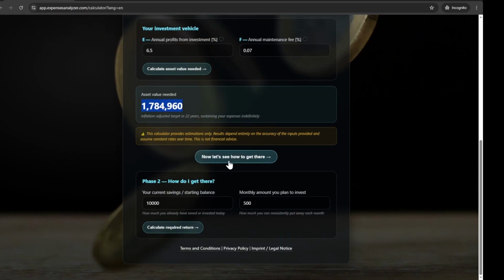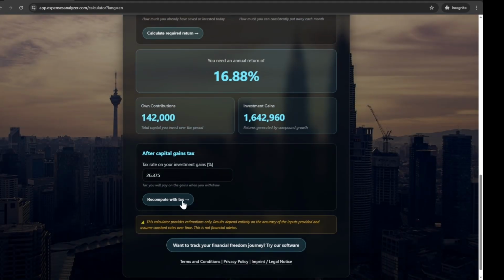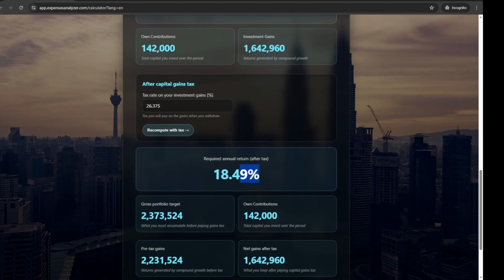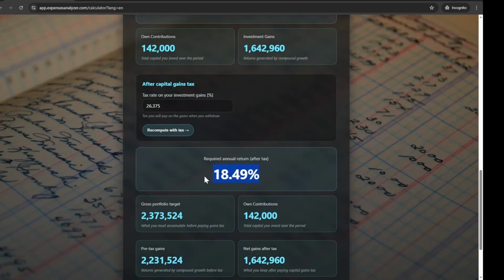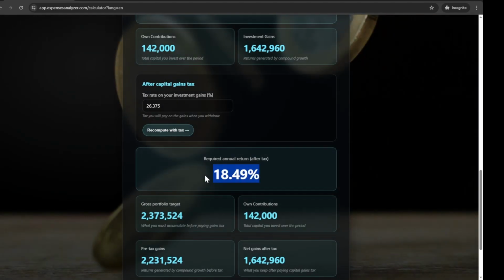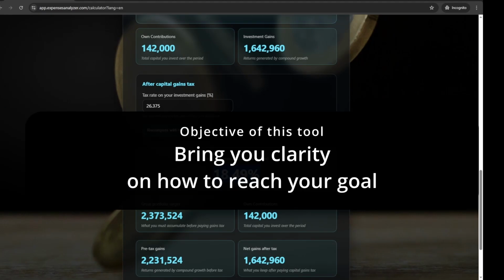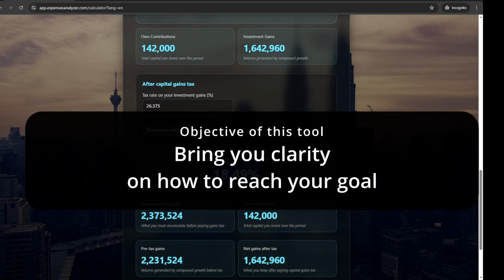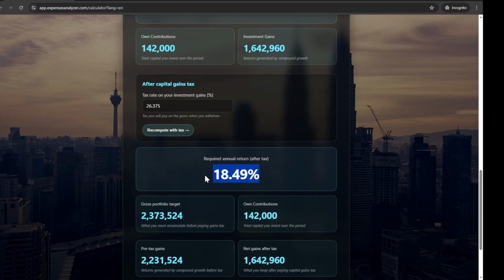And in order to get there, and also including the final taxes, you see I need almost 18.5% of annual return on my current investments. And that is definitely not going to be given by the traditional funds or ETFs. You need something that is giving you a much higher return. That could be maybe investment in real estate, your own companies.